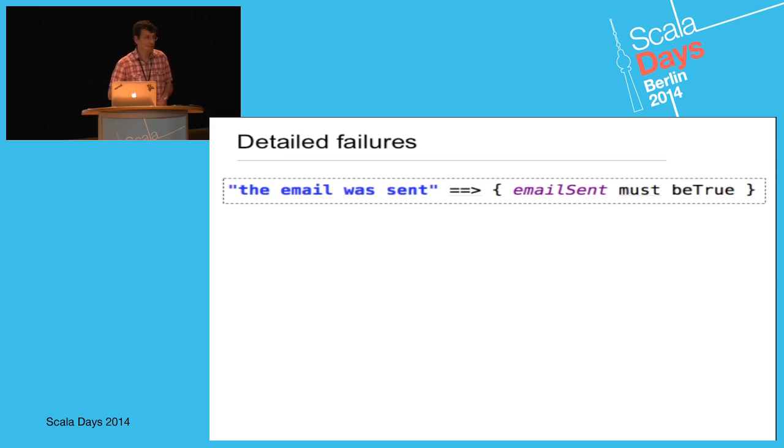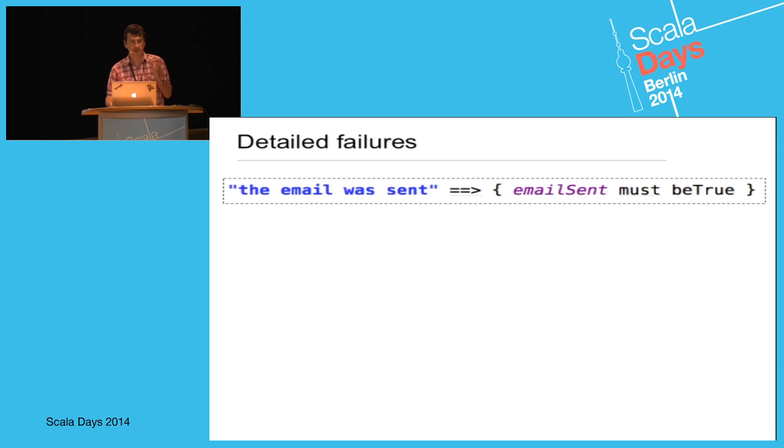But if it's false, the failure message will say, well, false is not true. And so it's not very descriptive. You would like to have more information on top of that. So one way to add this piece of information inside your example is to add a sentence like that, which describes exactly what was the intention of the code.